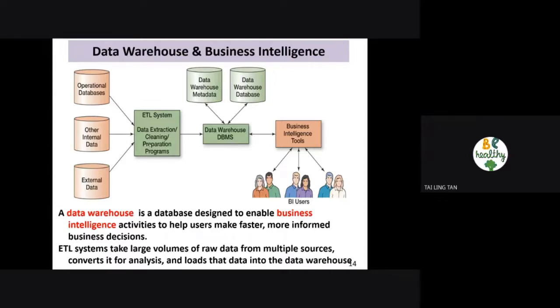They try to combine everything together, clean out, and do some summarizing and put everything into this data warehouse, and later use it for business intelligence decisions, whether they will suggest to buy something, to sell something, or to make any other decisions.